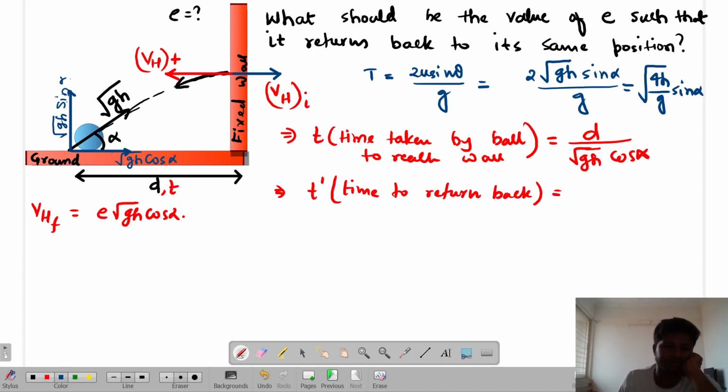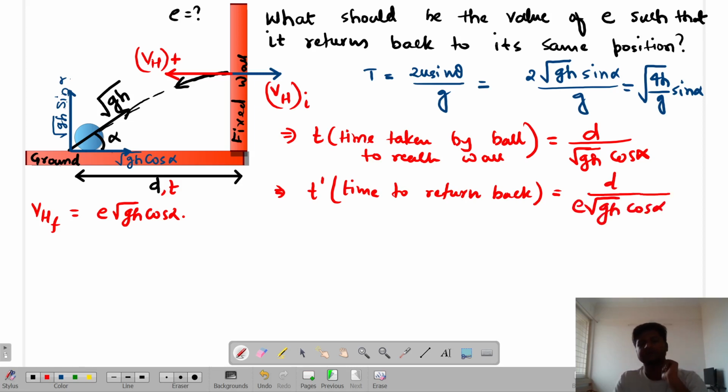If it is the same distance they are traveling, this is d, but with a different velocity, e root gh cos alpha, isn't it? That's my time t dash. Now whatever happens, time t plus t dash is always going to be equal to the total time of flight, like we originally said.